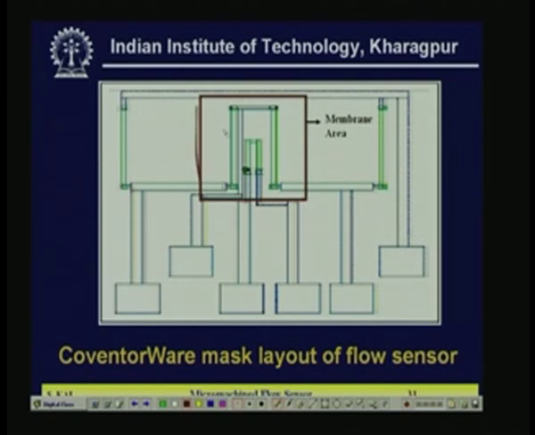Here are the reference resistances, one in this region and one in this region, wide apart from the sensing element, and the central one is a heater. For the heater there are 2 bonding pads, so you can heat the heater, and these are the upstream and downstream sensing elements. These are kept very close to the heater, so that the heat will be directly transferred from the heater to the sensing element.